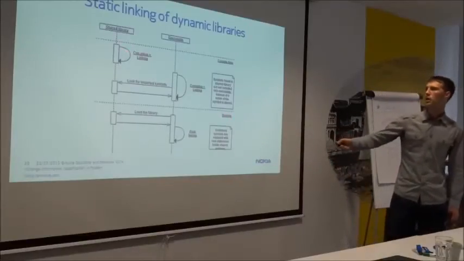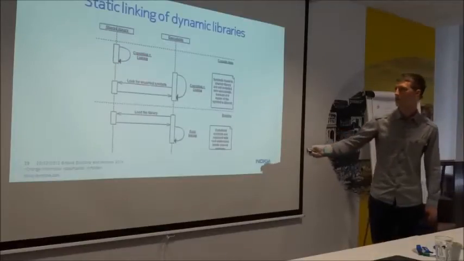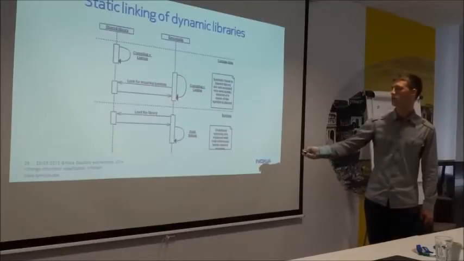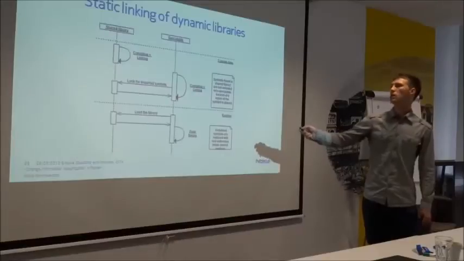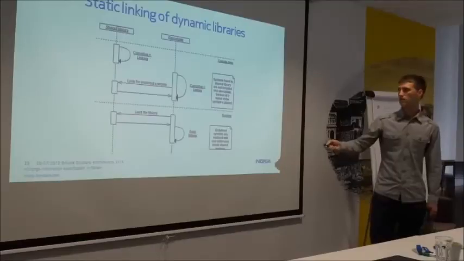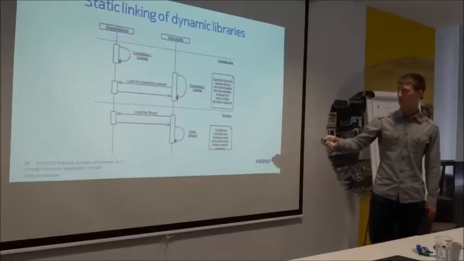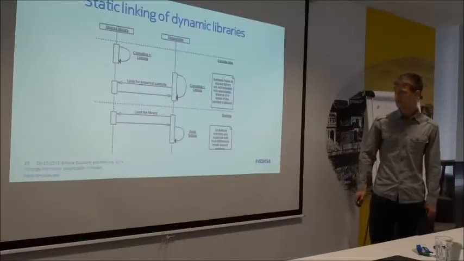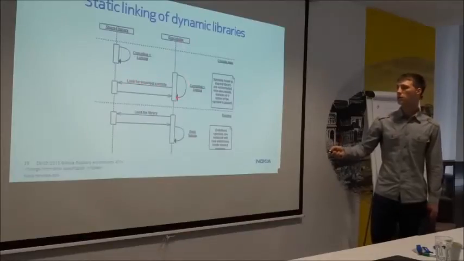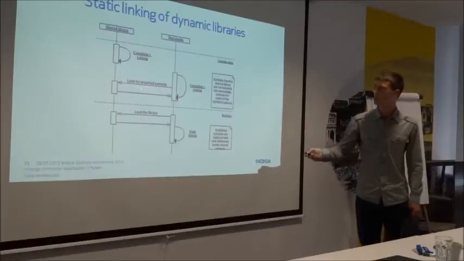So first we are compiling and linking our shared library. Then we compile our executable, and we specify the dependency from the shared library for our executable. It means that the linker will look for imported symbols from the shared library.